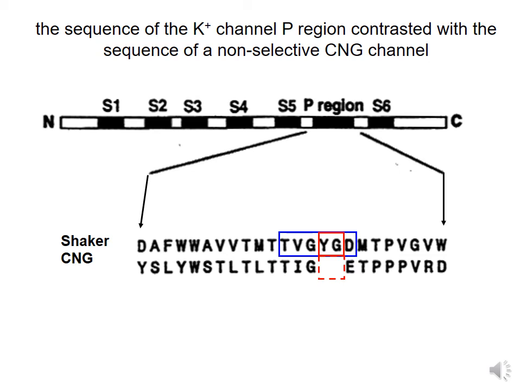One possibility is to compare the sequence with channels that are not potassium selective, such as the CNG or cyclic nucleotide gated ion channels. These channels permeate both sodium and potassium with almost equal efficiency, and the alignment in the pore region shows that the YG amino acids in CNG channels are missing.